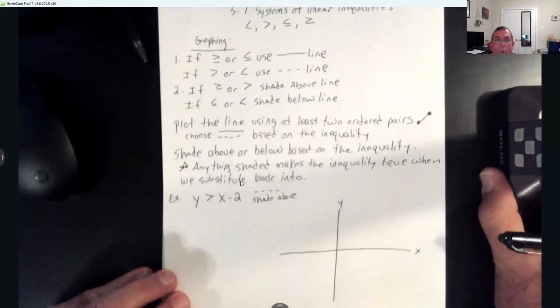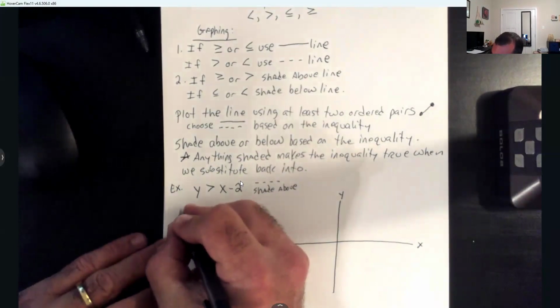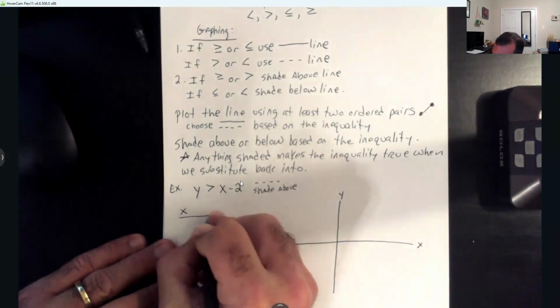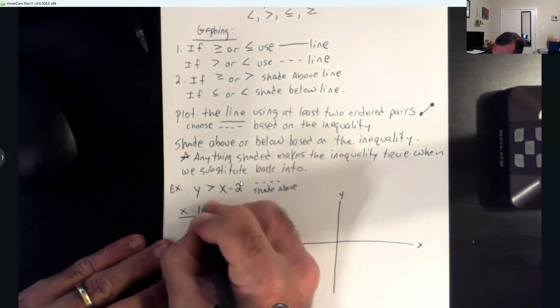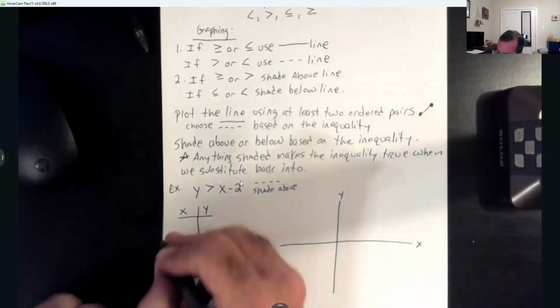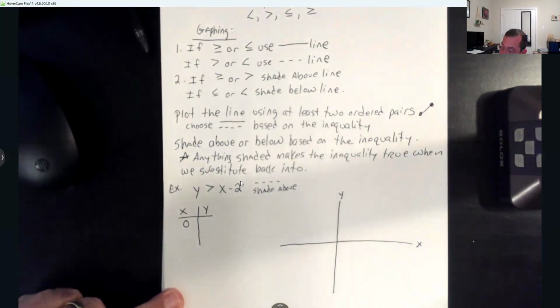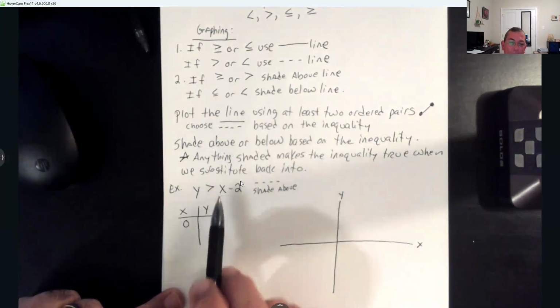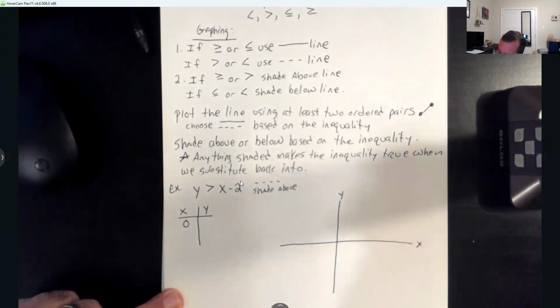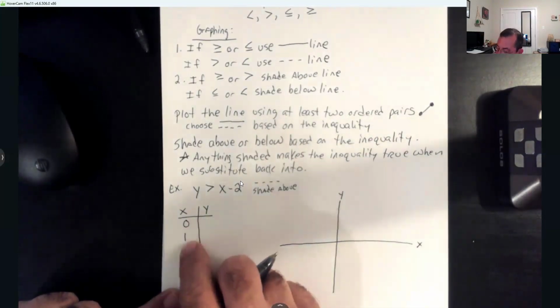And then we'll label it after we figure out what kind of points we're getting. And remember, all I need is 2 points. So y'all, I can do 0. I always use 0 because it's easy. And then I can pick any other number I want to. So 1's a small number. So I'm going to use 0 and 1.